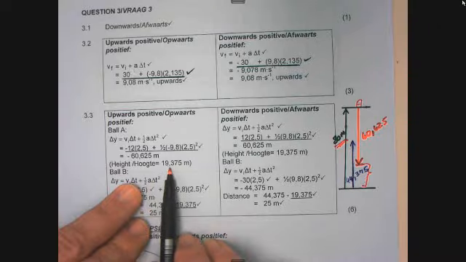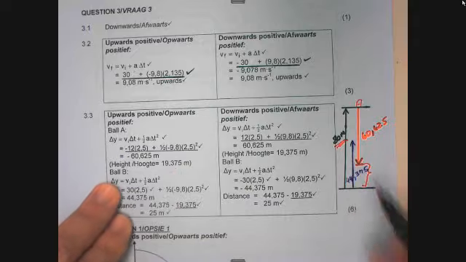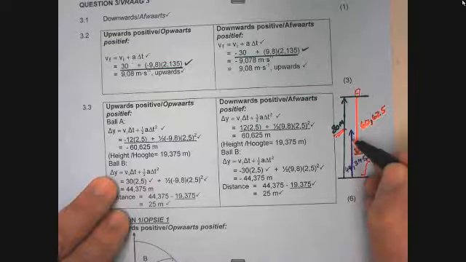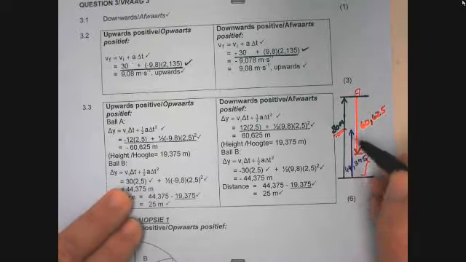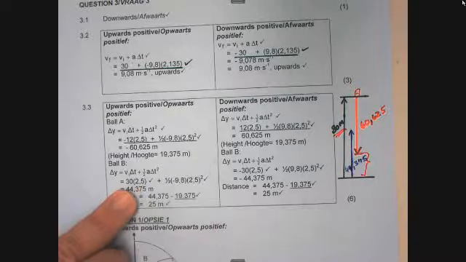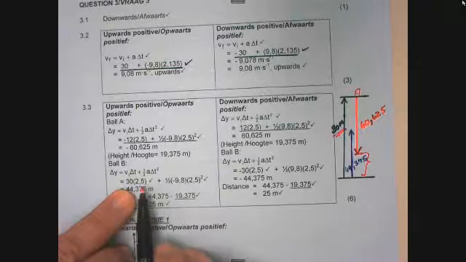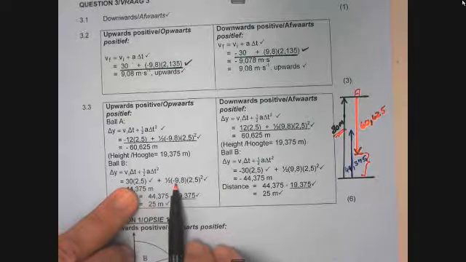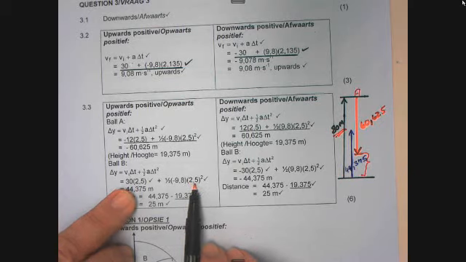So that is then 2 marks for calculating this displacement downwards, and also the interpretation that the height is now 19.375. Then the learner must calculate how far the ball moves upwards in that 2.5 seconds. Right, the initial velocity is 30. Initial velocity is 30 times the time times minus 9.8 times 2.5 squared.